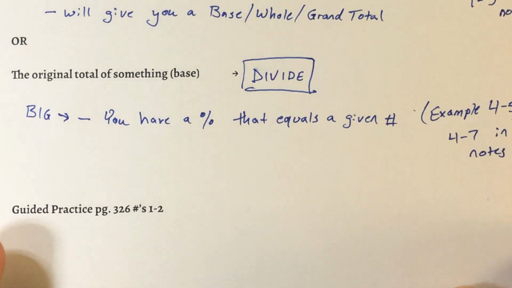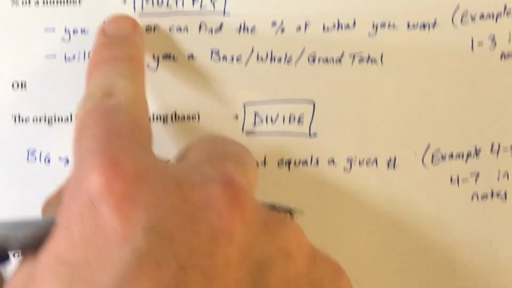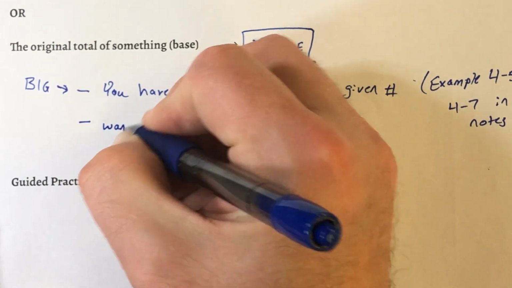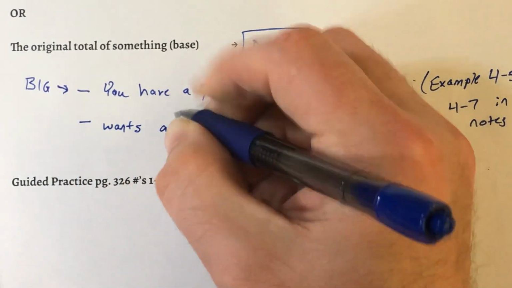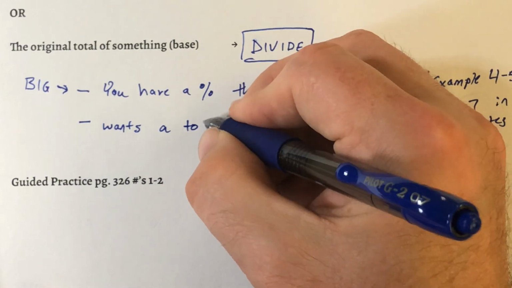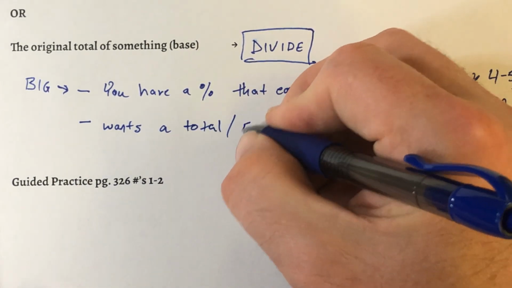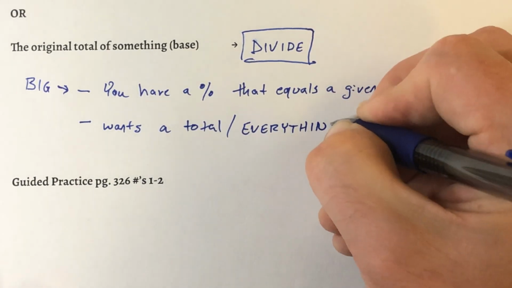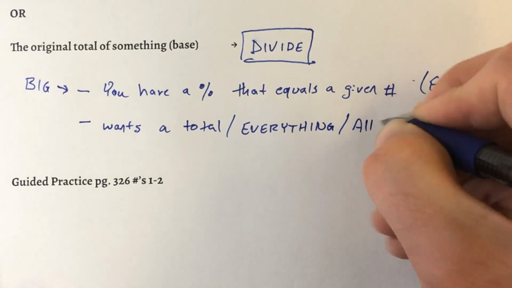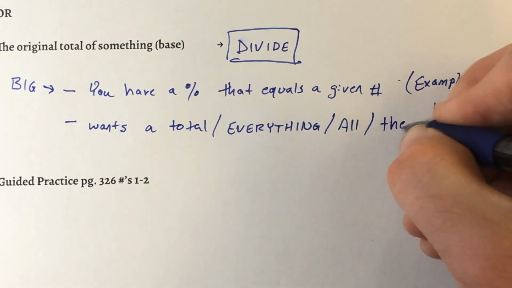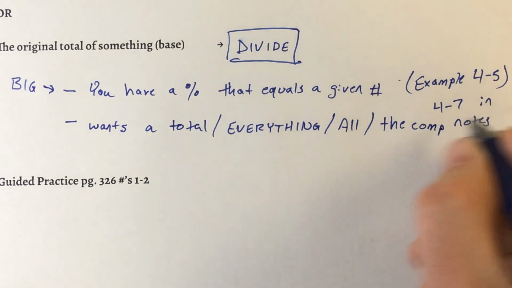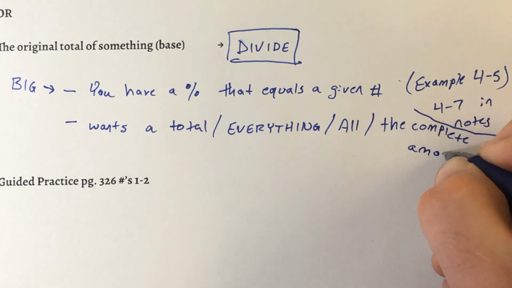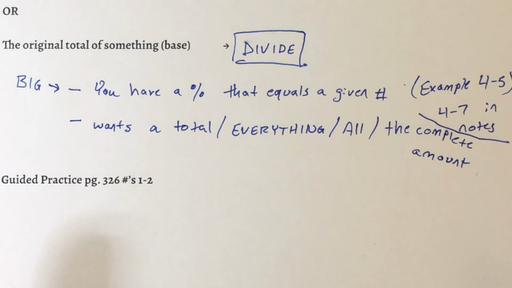All right, any other strategies you can use to figure out if you're doing a base problem or finding a percent of a number problem? Well, if you're doing a base problem, it's going to want a total. So if it wants a total, meaning it wants everything, or it wants all of something, or it wants the complete amount, then you're wanting to find a base.